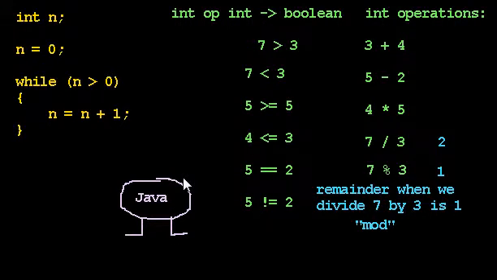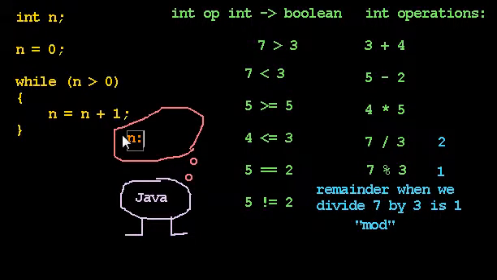And when I run this code, Java will be thinking about n. Here we go, n. And Java will be thinking that n is 0. And I guess when I say that, I'm assuming this line is already executed. We've initialized n to be 0. We've assigned n to be 0.